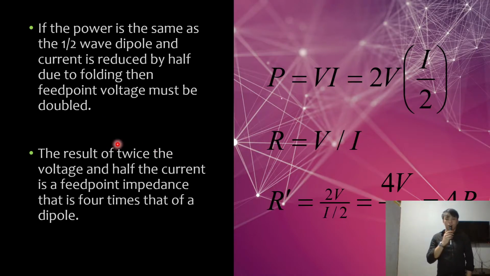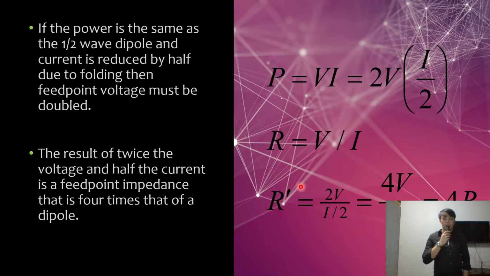So the result of twice the voltage and half the current is a feed point impedance that is 4 times that of a dipole. So as we can see here, resistance equals voltage over current, also known as Ohm's law.